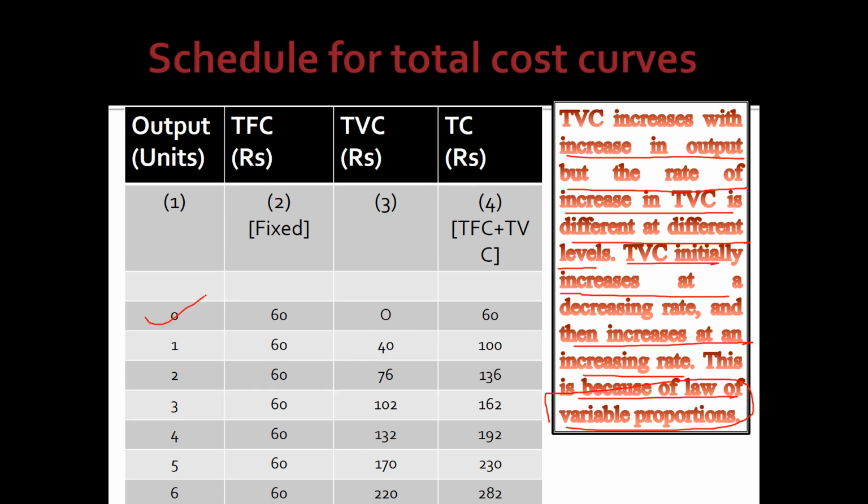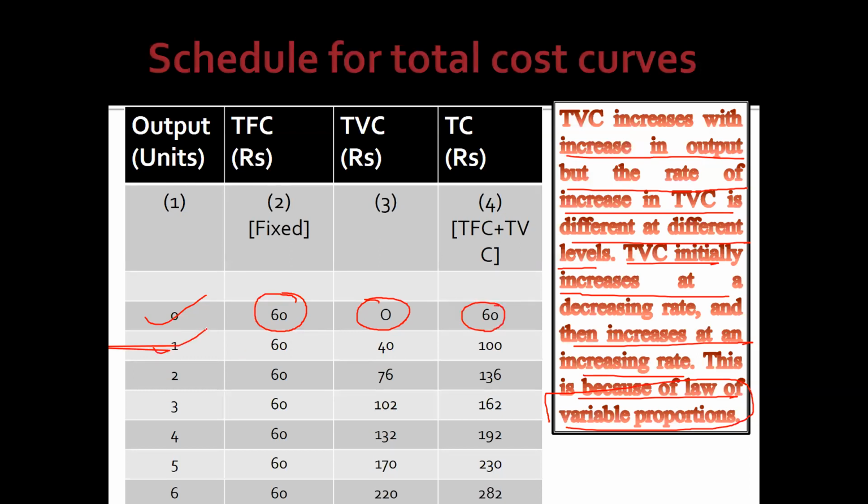When we are producing 0 units, there is 60, rupees 60, or we can call it 60,000 or 60 lakh, whatever. This is our fixed cost that we have already incurred. But TVC, total variable cost, is zero because we are not producing a single unit. So total cost would be 60.